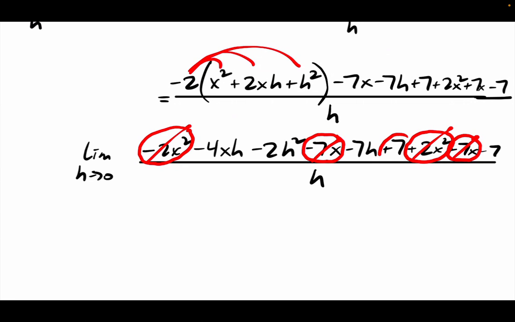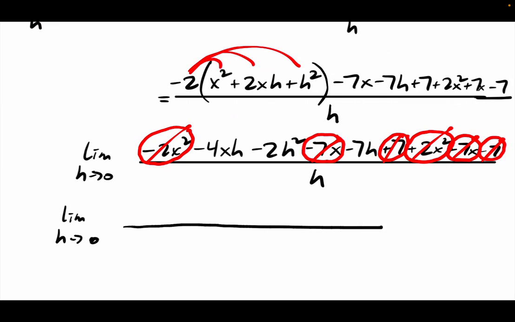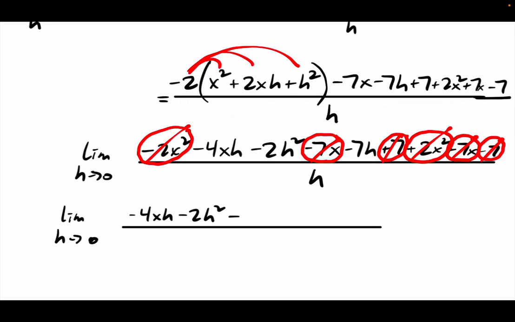And then plus 7, minus 7. So over half of it goes away, which is what we wanted. So let's see what we have left. Negative 4xh minus 2h squared minus 7h. Everything else went away.